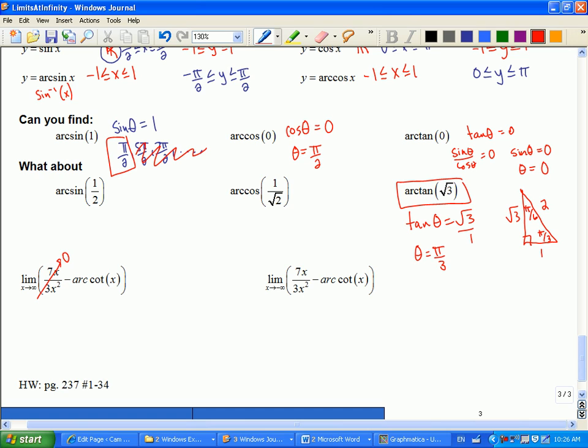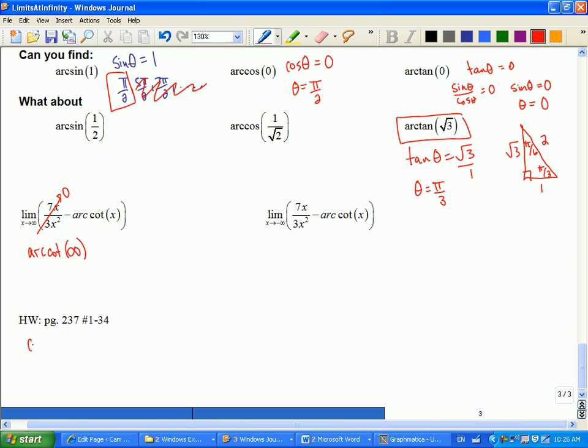It'd be nice if I could go into my calculator and say, hey, arc cotangent of infinity, right? We have to think the other way. Instead of dealing with arc cotangent, I'm trying to say, the cotangent of what value gives me positive infinity?